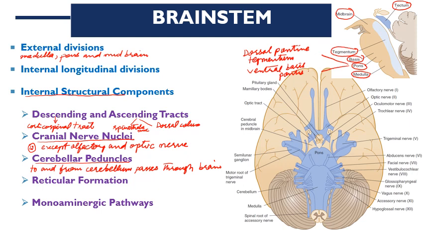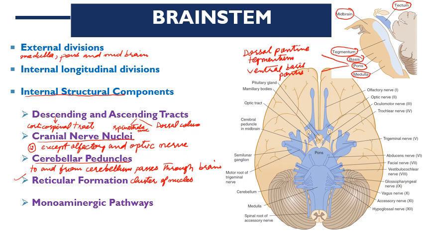Then the fourth component is the reticular formation. Reticular formation is basically a cluster of nuclei that form a nerve network. The reticular nuclei are present in three portions.